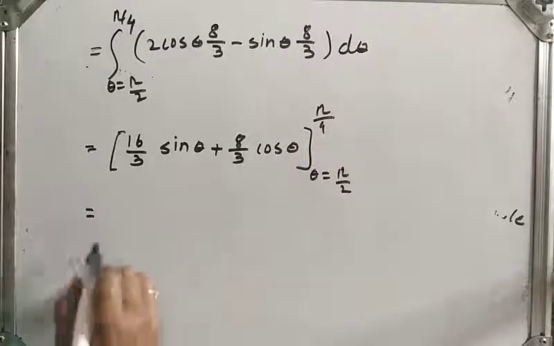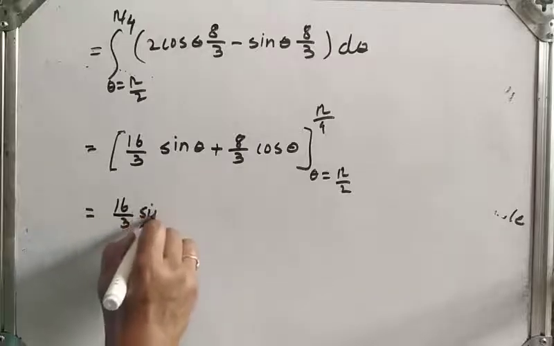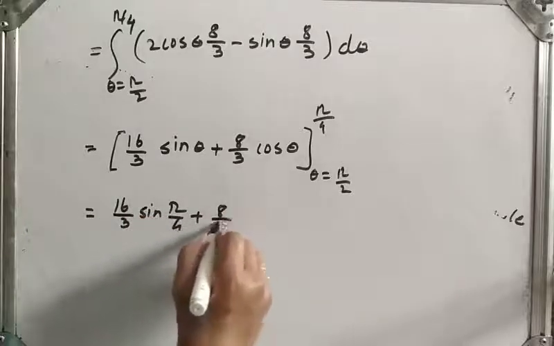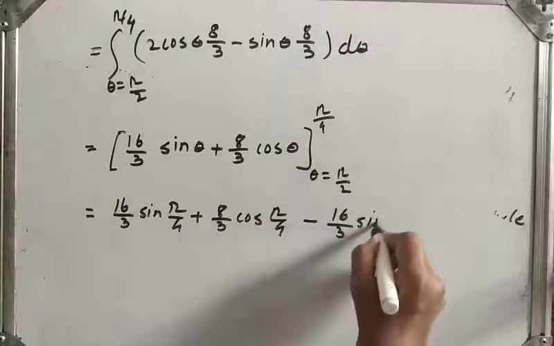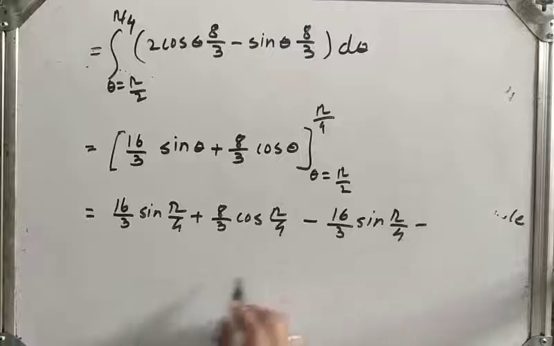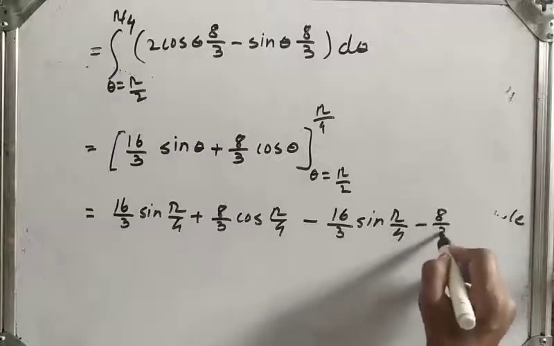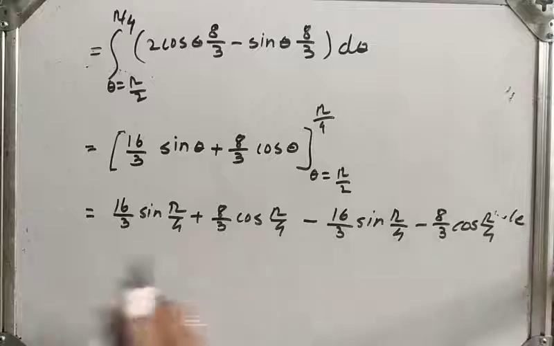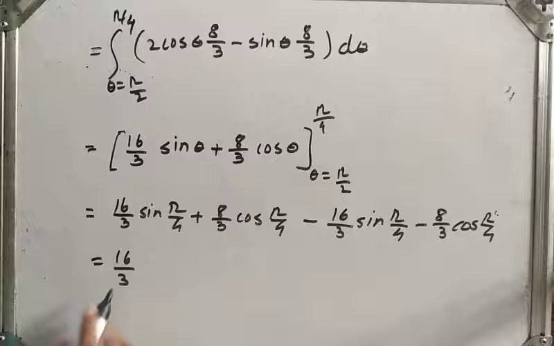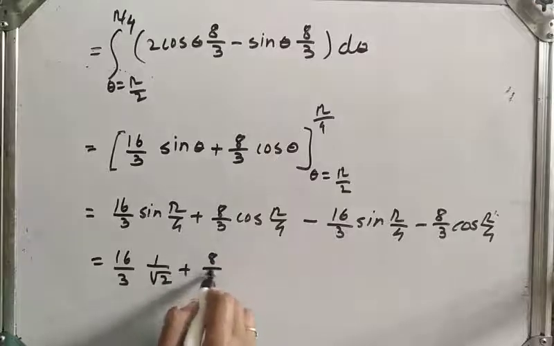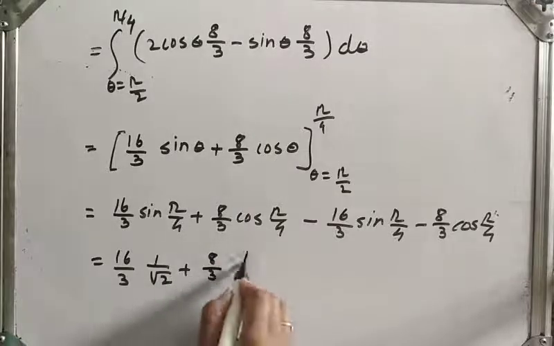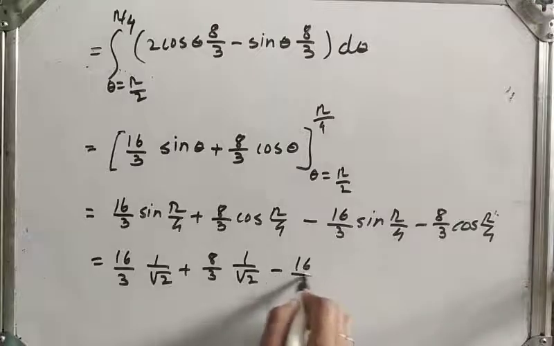Now let us apply the limits: 16 by 3 sin pi by 4 plus 8 by 3 cos pi by 4 minus 16 by 3 sin pi by 4 minus 8 by 3 cos pi by 4.